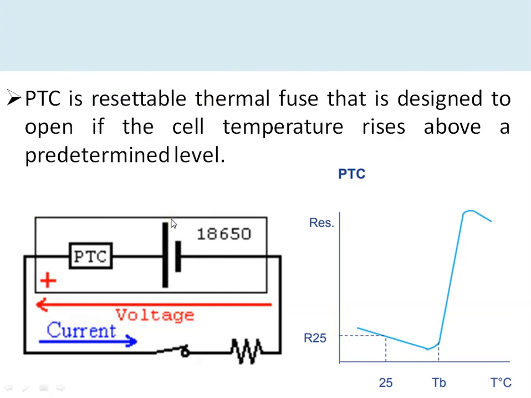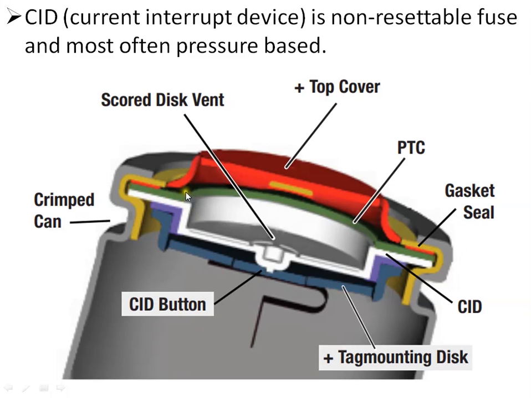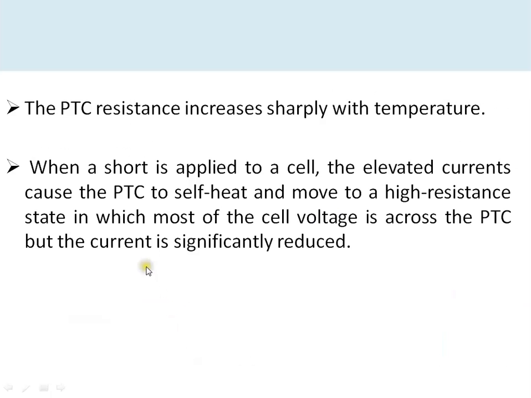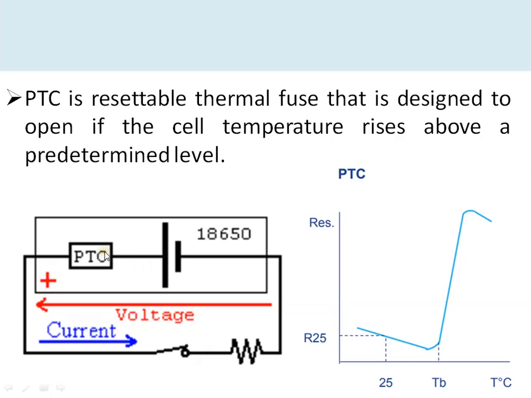And here you can see this is the disc, which is the PTC, positive temperature coefficient, which limits the current in case of any short circuit or any overcharging condition. Whenever the rated current is exceeded, the PTC, which is a positive temperature coefficient of resistance, increases its resistance as more current passes through it.